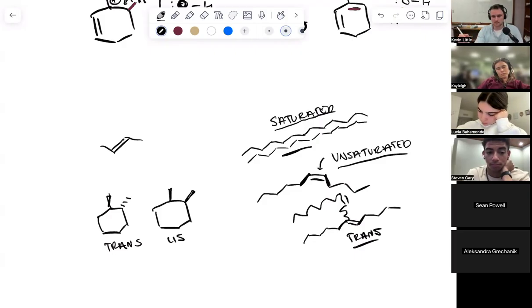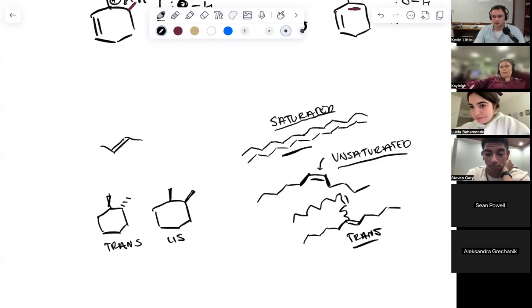It's a really good question, and it's not really that related to what we're going to do on the test, but you can see how the ability for something to stack can really impact its physical properties. Butter and olive oil act very differently, and it's because olive oil has one double bond in it. Gotcha, that makes complete sense.